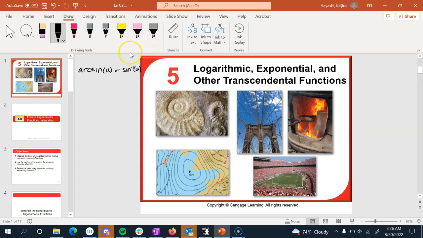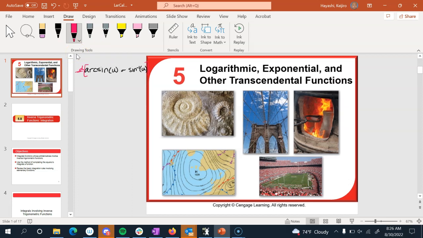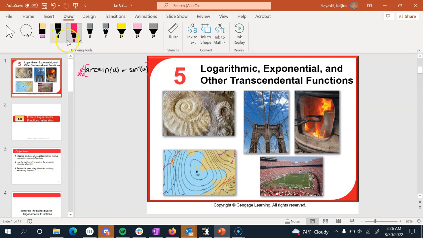Okay, so the derivative of this is, you can say that there's u prime on top, or you can say that there's u prime multiplied at the end.